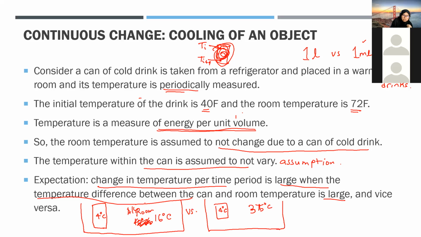So the change in temperature per time period is large when the temperature difference is large. So this is what it means. You can see that the change in temperature right here is small, and the change in temperature between the room and the can is large, is big.